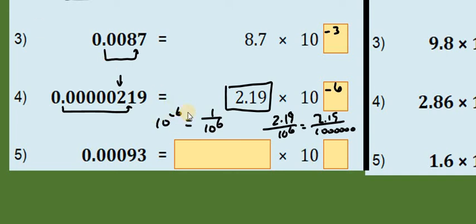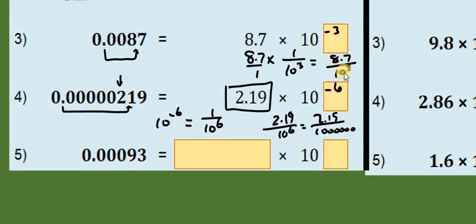All right, so when you have a negative power of 10, you can write it as a positive power of 10 by putting 1 over 10 to the 6th power. Like, for instance, this could be written as 8.7 times 1 over 10 to the positive 3rd power. And so you'll get 8.7 times 1 is 8.7 over 10 to the 3rd power, which is 8.7 over 1,000.